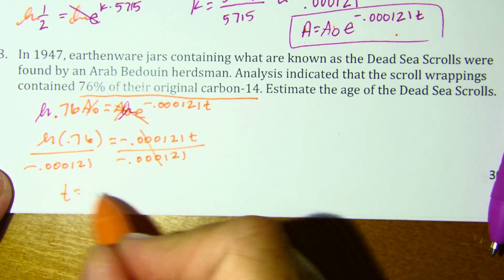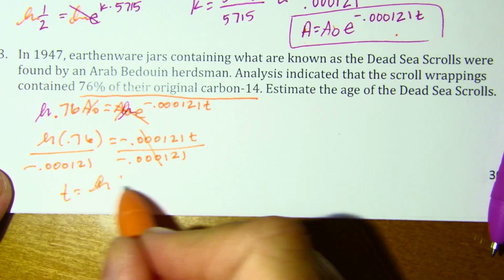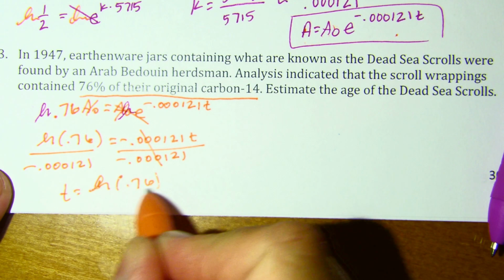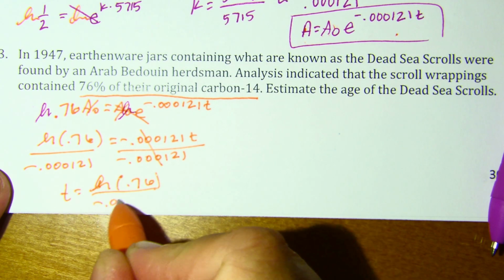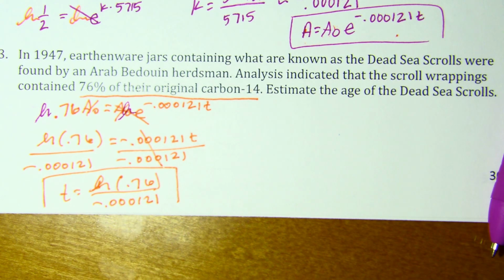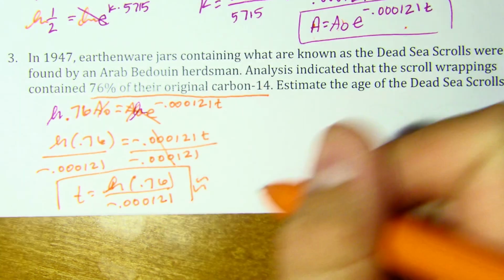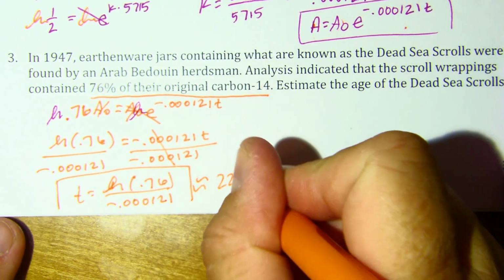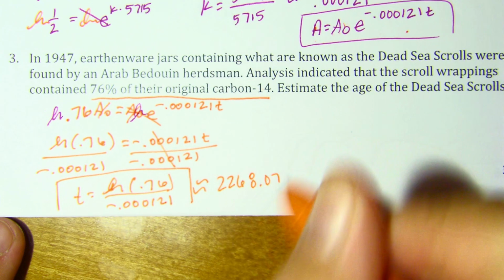And t is equal to the natural log of 0.76 over negative 0.000121. Okay. And we can go ahead and type that in our calculator, and that would give us 2268.07.